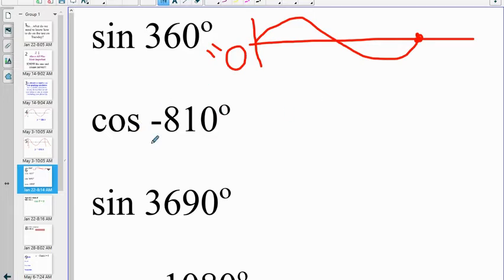For something like cosine of negative 810, well, that goes beyond 0 to 360, but I can think about going backwards. 360, then 720. And so if I'm at negative 720 degrees, we're going to go back 90 degrees more than that.